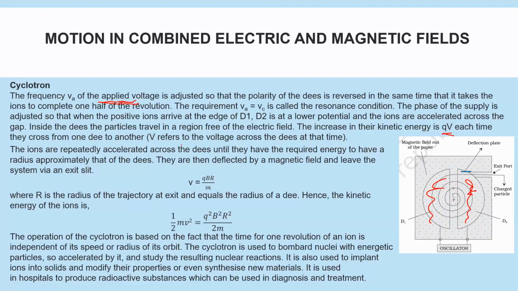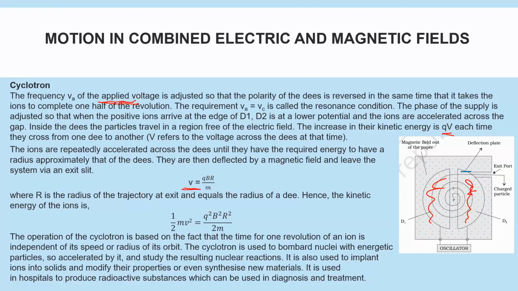Okay, and that is when you try to understand what will be the velocity of that. Okay, so that velocity is given by qBR by m. Okay, and once they acquire this velocity, they get deflected by the magnetic field and leave the system by this exit slit.